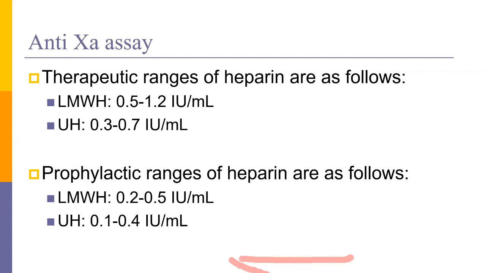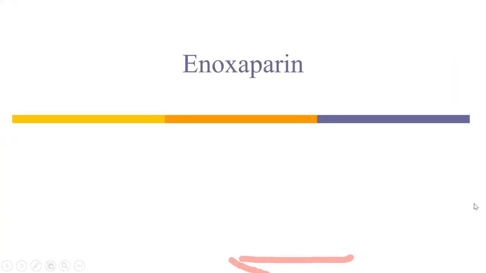Then the prophylactic ranges of heparin are as follows. Low molecular weight heparin is between 0.2 to 0.5 international units. Unfractionated heparin is 0.1 to 0.4. These are from the guidelines.